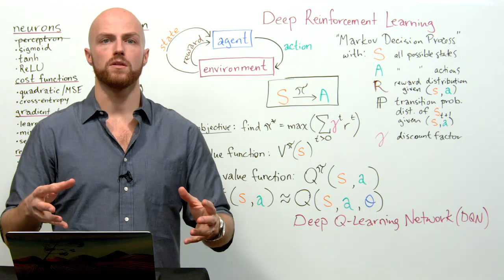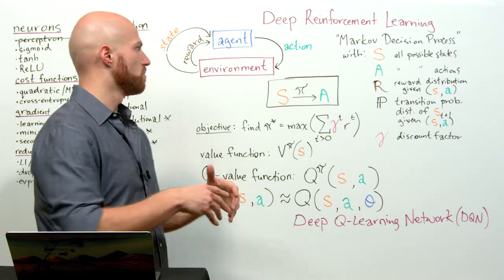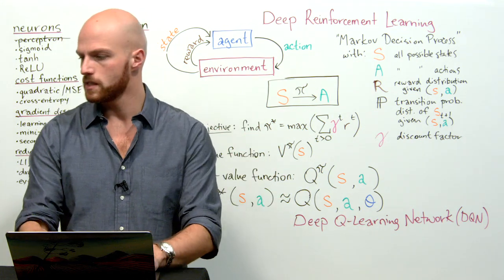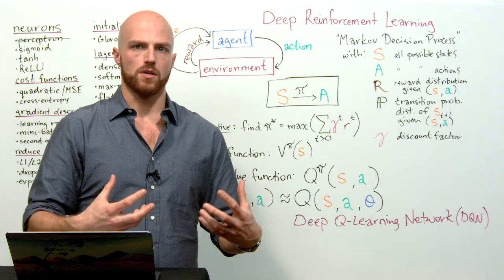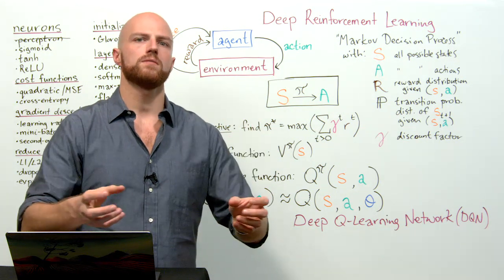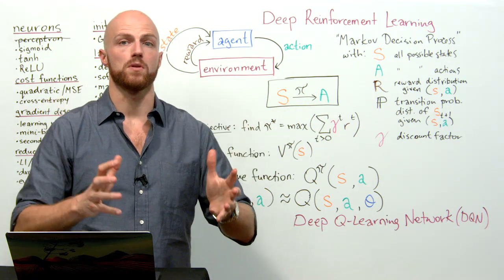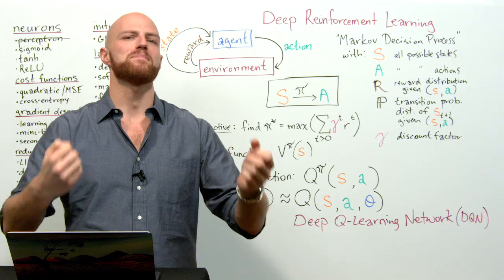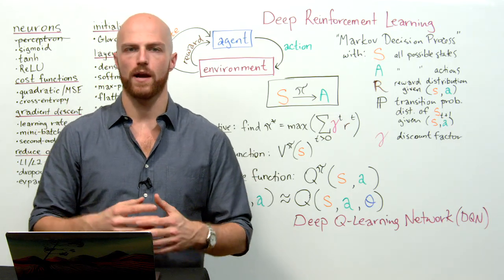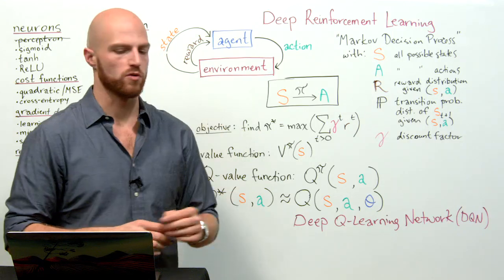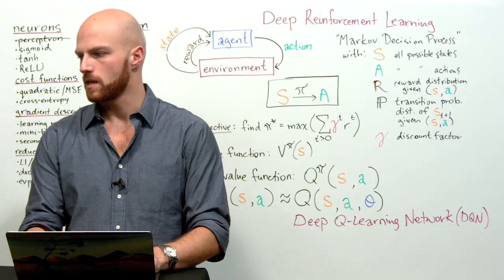So what we're going to do is we're going to play a number of episodes. Let's say we're going to play 1,001 episodes here. In each of those episodes, we are going to randomly remember some of the things that happened in that episode. And we're going to use that memory to actually train our deep reinforcement learning agent. So we'll see those step by step as we go through.